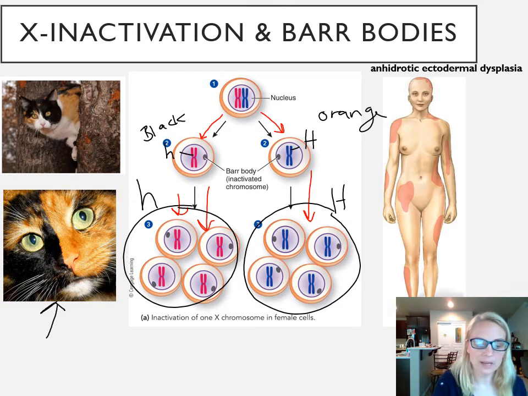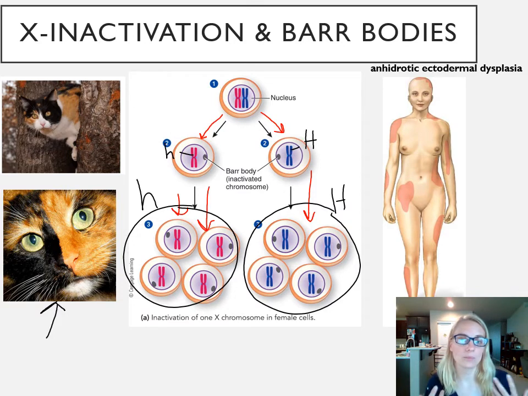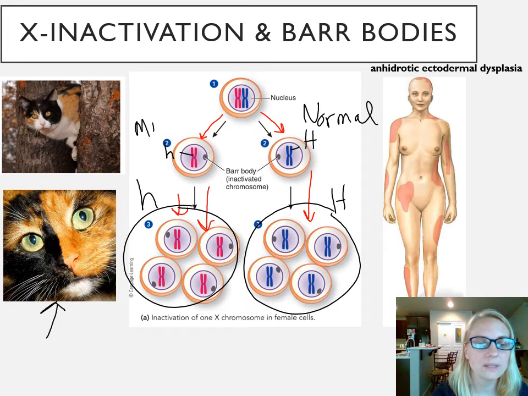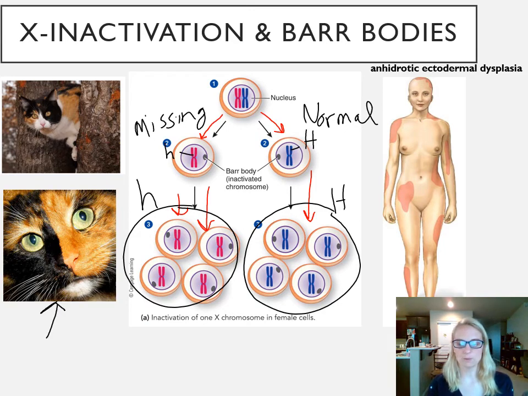Now, if they were heterozygous, so they have a normal functioning allele and this mutated allele, you might get normal sweat glands on any of the cells that are carrying the dominant allele, and you might get missing sweat glands in any of the cells that have the recessive allele.